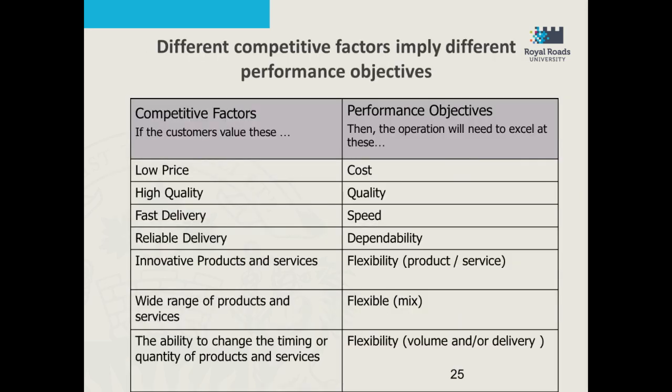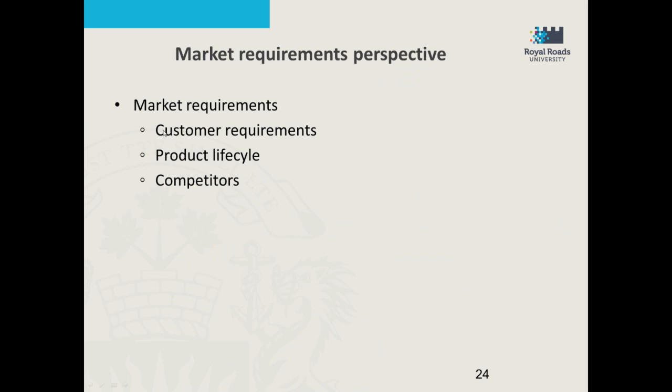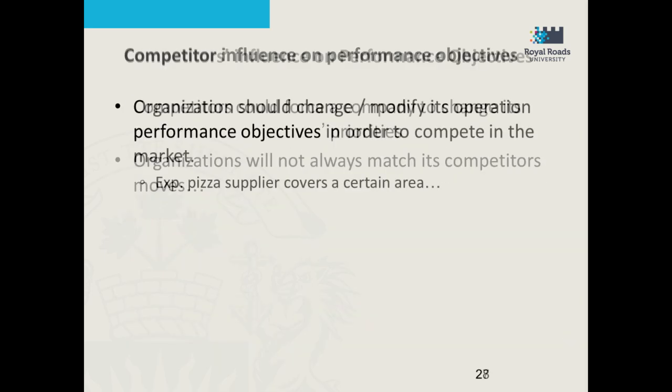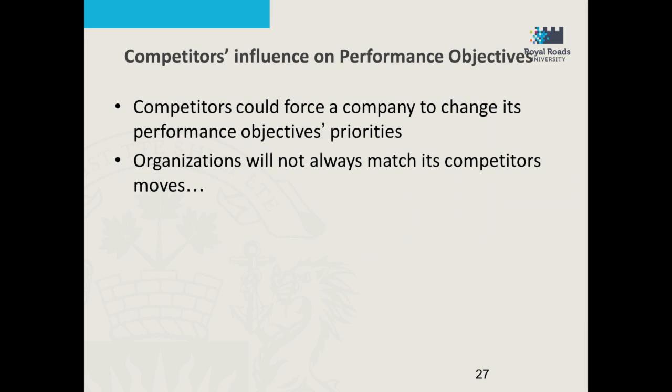So let me come back to this. So market requirement, customer requirement. You need to understand what customer requirements are. And also then you need to understand what competitors are doing, and that will change your priority.